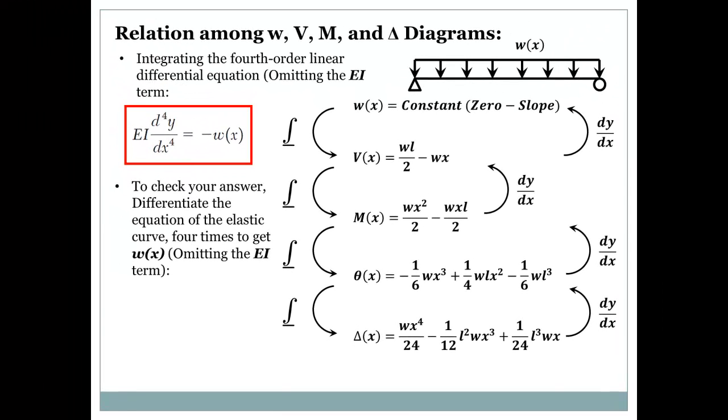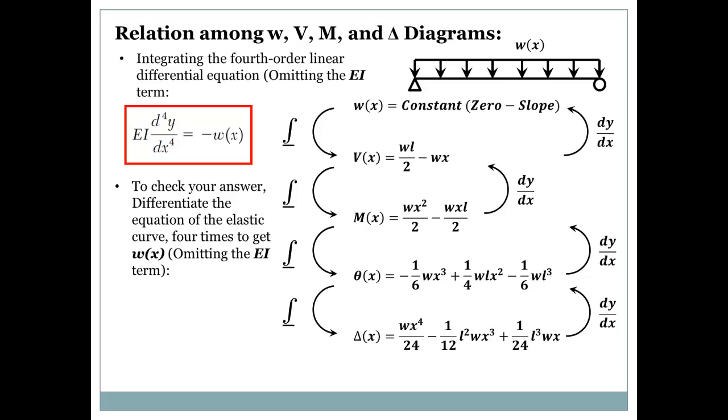So that's the thing we want to understand: if you start with a uniformly distributed load, the shear equation should be a straight line, since x has a power of 1 in the shear equation, and the moment equation will be parabolic, and so on.